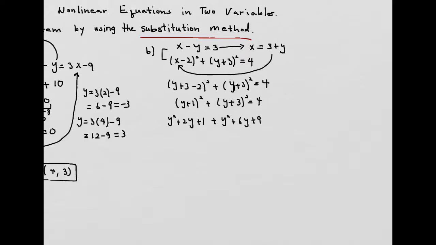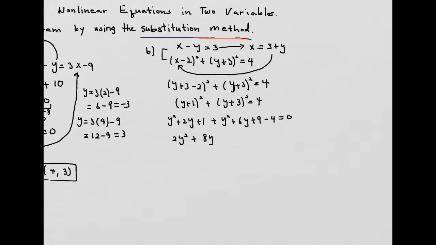And it looks like this is going to be quadratic, right? So I'm going to move the positive 4 to the other side, make it negative 4 equals 0, and combine the like terms. So y squared plus y squared, you get 2y squared, plus 2y and 6y is 8y.